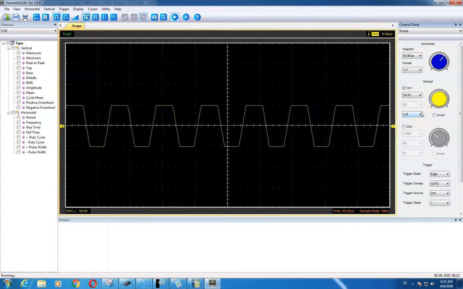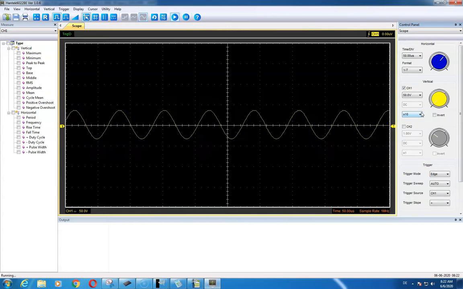But for whatever reason, the amplitude is way too high for this. Let's change this to 1 and see what happens.